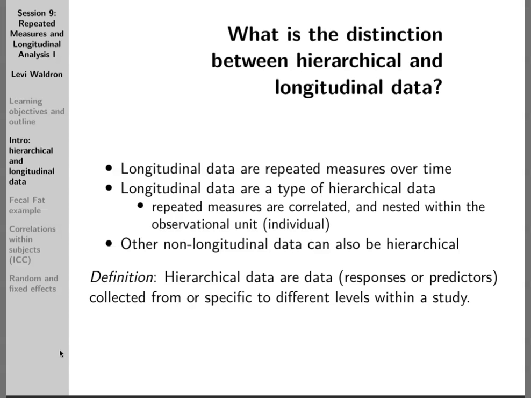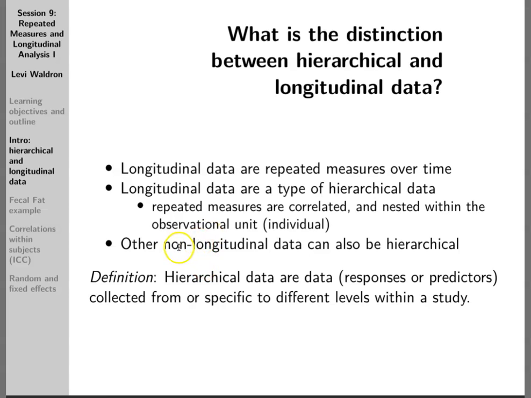So in the examples that we had of hierarchical data, we had non-time related grouping, such as patients within surgeons within a hospital, and in the longitudinal examples, we were talking about measurements of individuals over time.